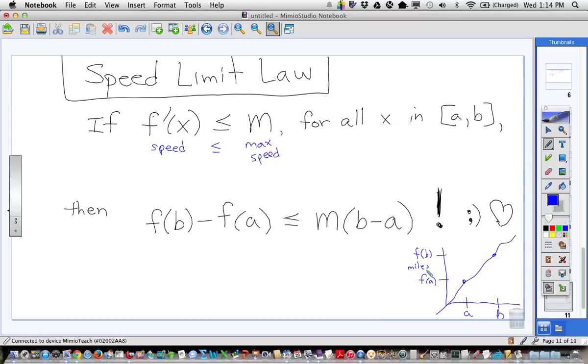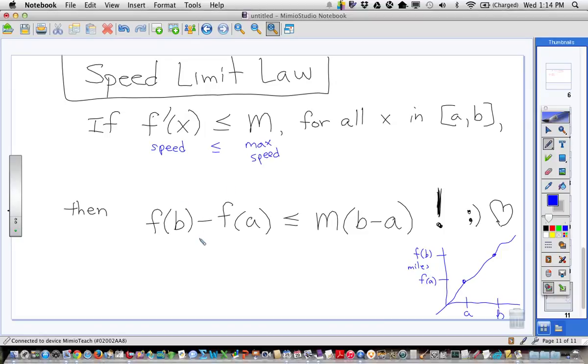What's f of B minus f of A? Now let's keep it simple. We're going to go in one direction. It is displacement technically, but we're not turning around, so we'll keep it simple. So f of B minus f of A, my ending point minus my beginning point, wouldn't that be how far I went?